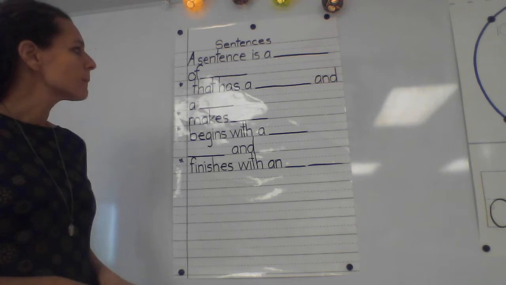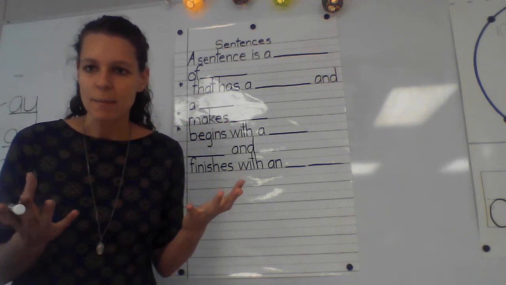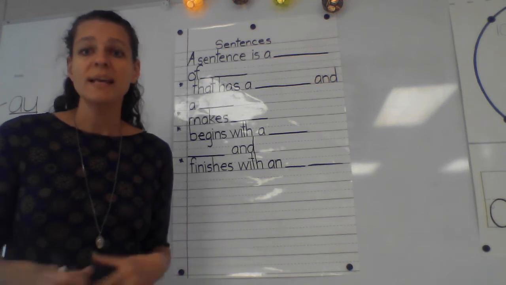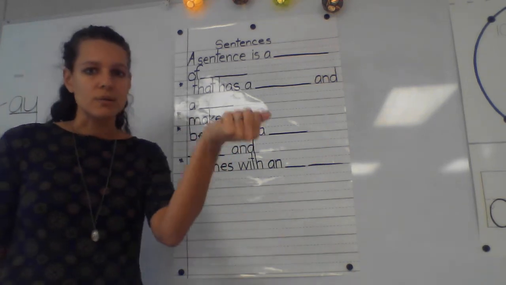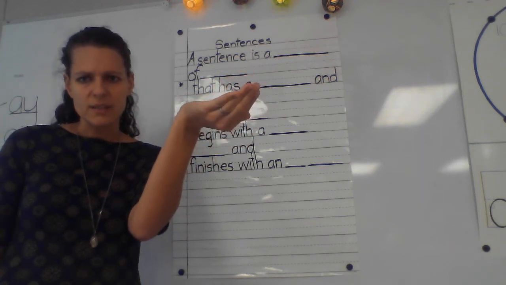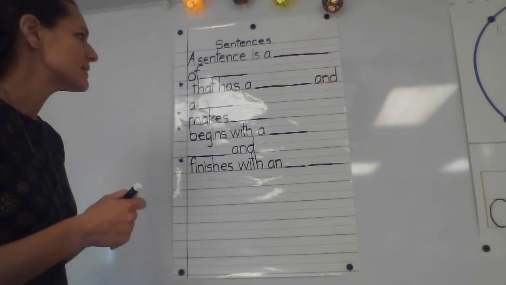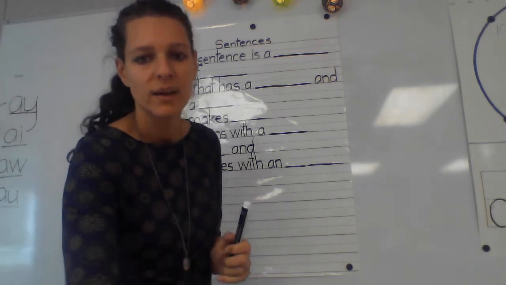All right, so a sentence is, what do we make sentences out of? Right, we make sentences out of words, right? We scoop up some words and this is our group of words we're going to make a sentence with. So a sentence is a group of words.